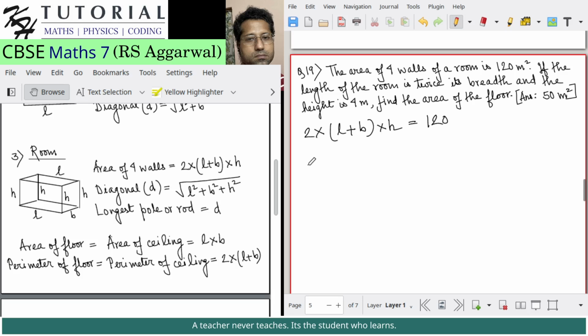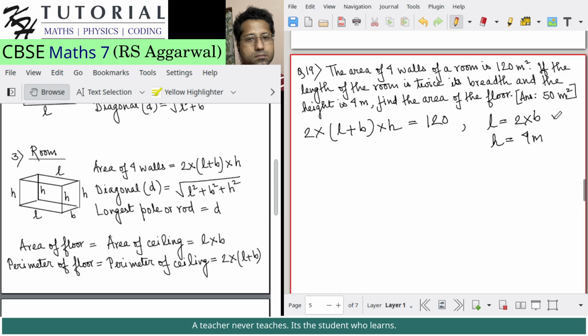Also it is given that the length L is equal to 2 into B, that is, the length of the room is twice its breadth, and the height is given to be 4 meter.